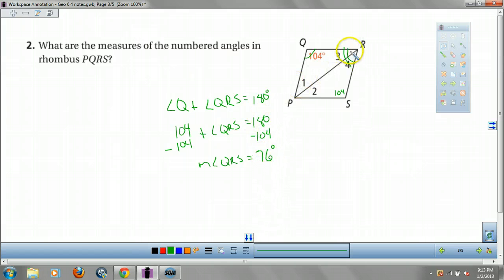No, because we need to cut that in half. Now to find angle 3. Angle 1, 2, 3, and 4 is going to be equal to whatever this is divided by 2. 36 degrees. They are all congruent, and they are all congruent to 36 degrees.